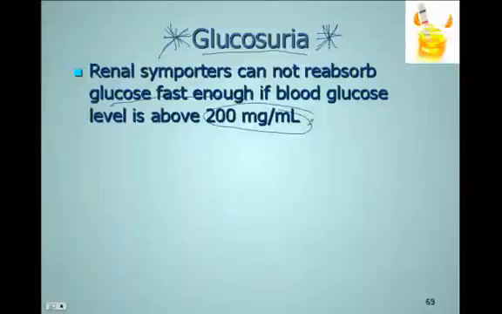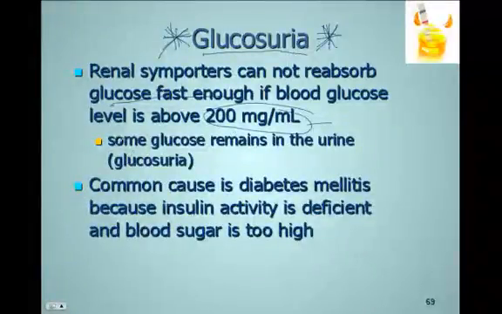And this happens, again, more commonly in the case of diabetes. So again, if you have too much glucose in the blood, then you'll end up moving that glucose into the filtrate and you'll have too much glucose in the filtrate. And remember, those little protein transporters can only work so fast. And so they just can't work fast enough to reabsorb all of that extra glucose. So some of the glucose will end up staying in the urine.